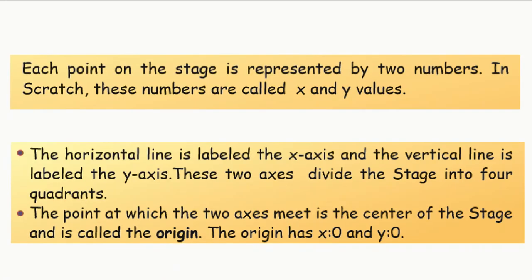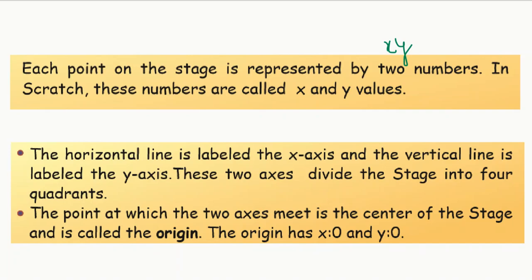So here we learned that each point on the stage is represented by two numbers, one is x and another is y. In Scratch, these numbers are called x and y values. The horizontal line is labeled the x-axis and the vertical line is labeled the y-axis. These two axes divide the stage into 4 quadrants.